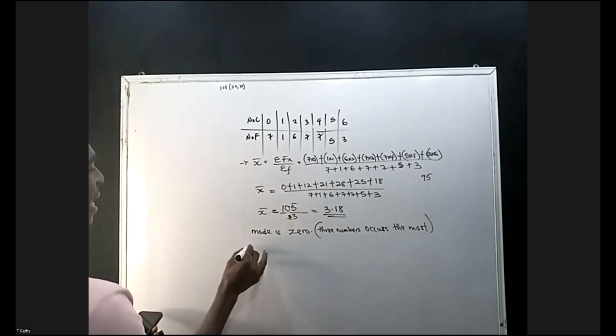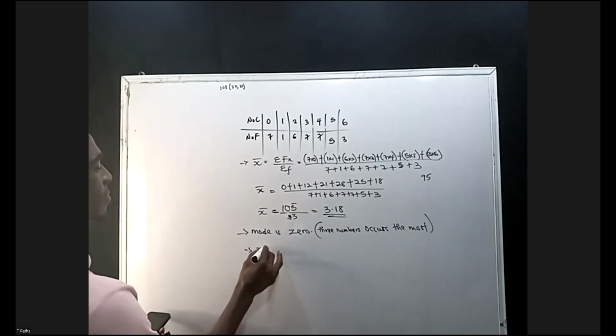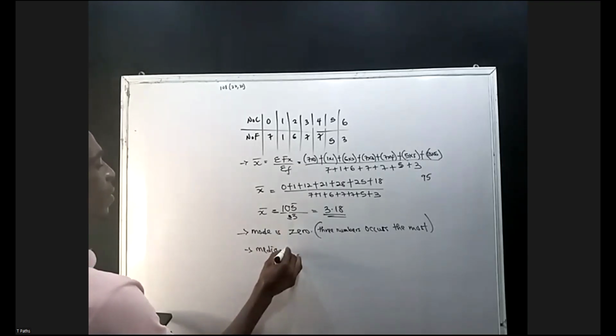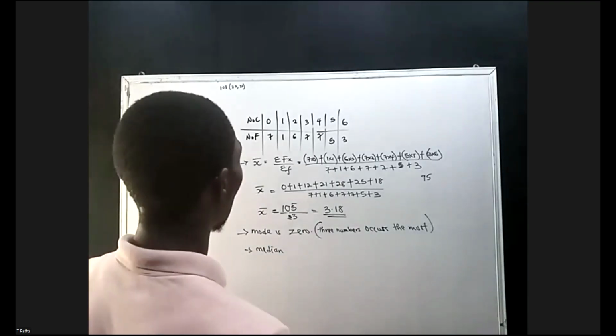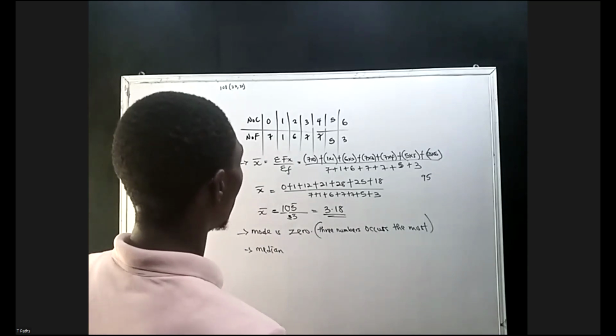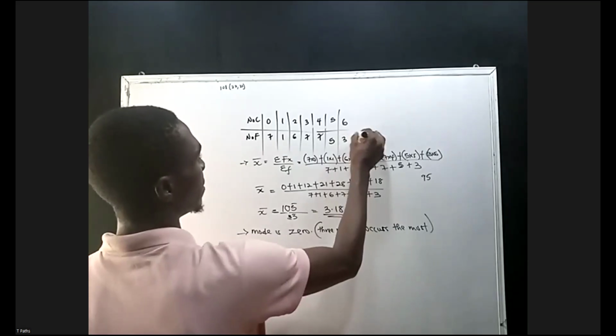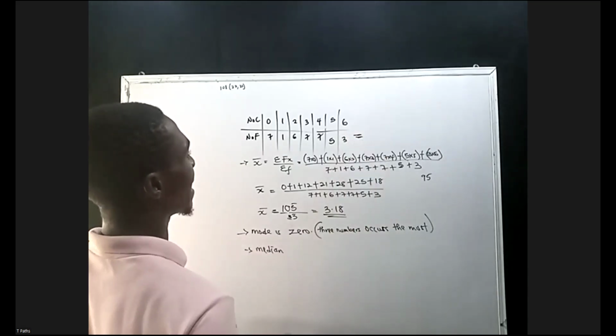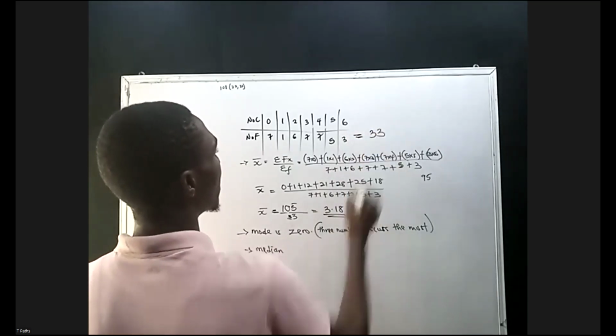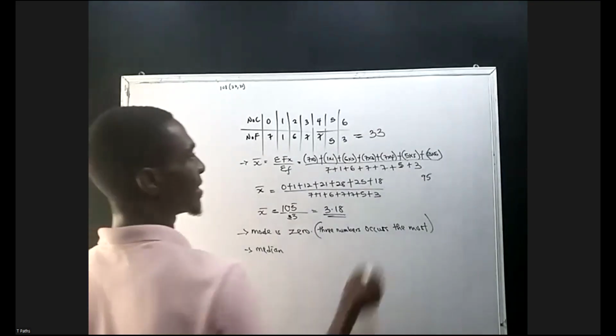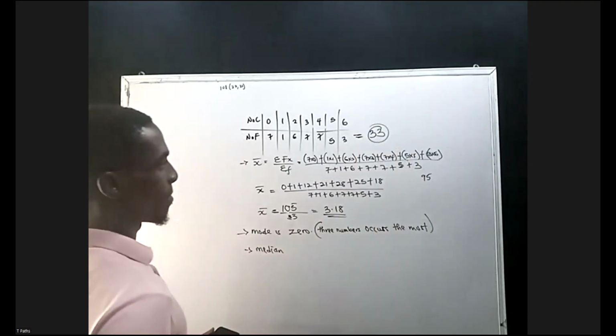So we start with the median. The total frequency here is 33, which tells us it is an odd number.